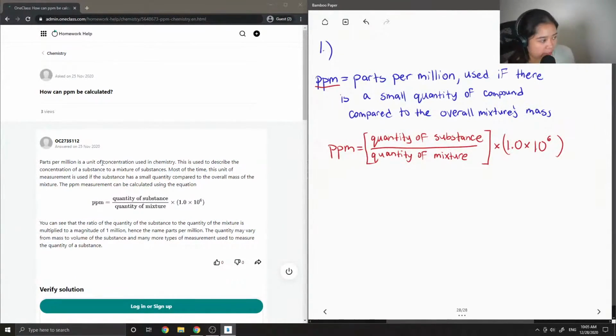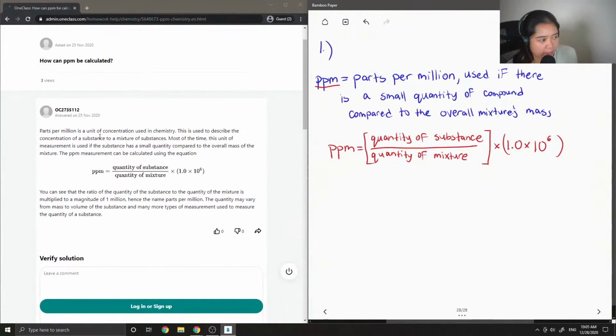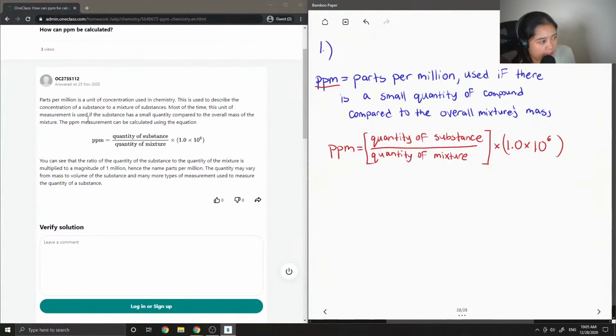So the junior tutor said that parts per million is a unit of concentration used in chemistry. This is used to describe the concentration of a substance to a mixture of substances. Most of the time, this unit of measurement is used if the substance has a small quantity compared to the overall mass of the mixture. The ppm measurement can be calculated using the equation quantity of substance divided by quantity of mixture times 1 times 10 to the 6.